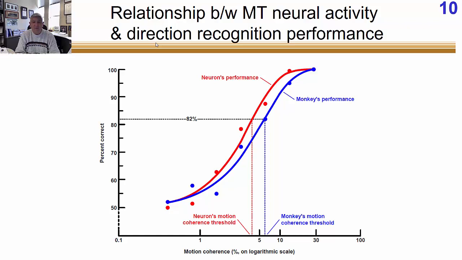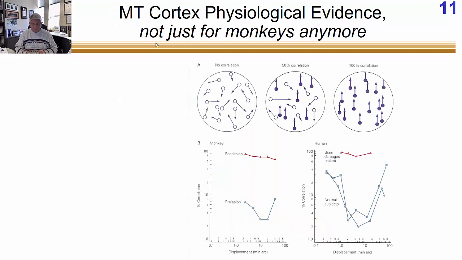And so as that motion sensitive neuron fires more, the monkey has a better percent correct. So the point of this is the perceptual ability directly follows the neural activity. Less neural activity, harder to make a correct decision. More neural activity, easier to make a correct decision.